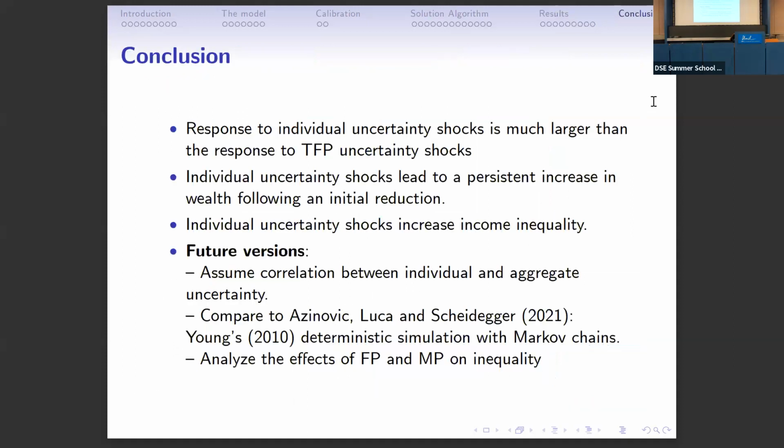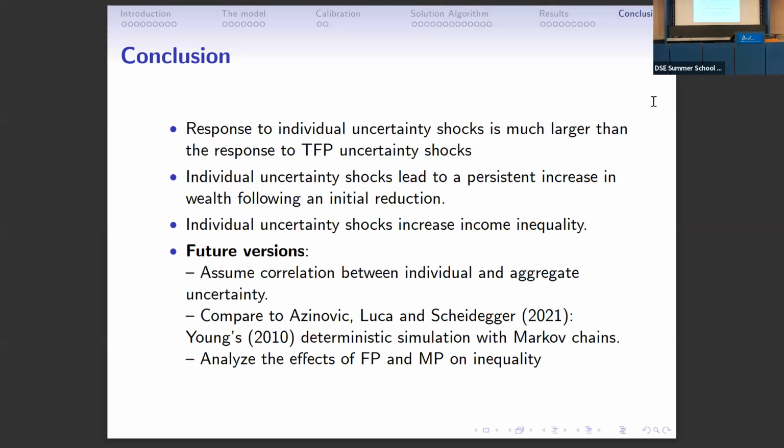And so in conclusion, I just want to mention this general result that the response to individual uncertainty shocks is much larger than the response to TFP uncertainty shocks. In particular, individual uncertainty shocks increase income inequality and lead to a persistent increase in wealth following an initial reduction.